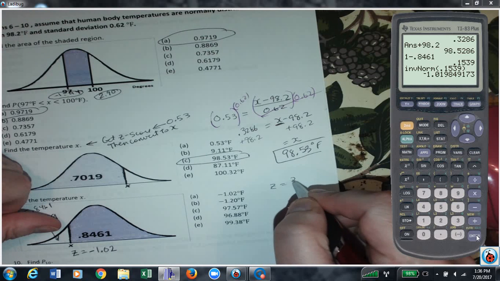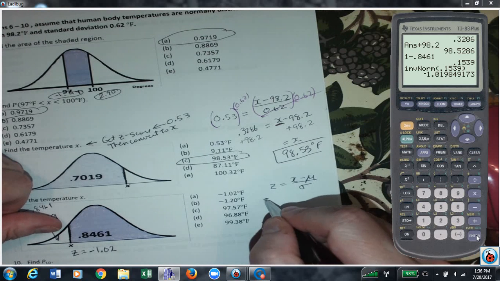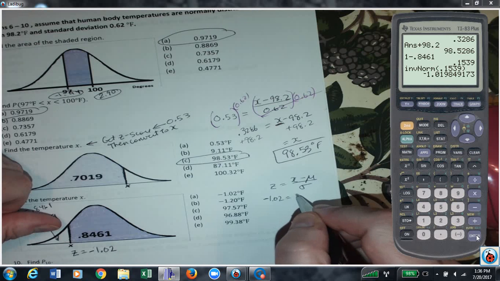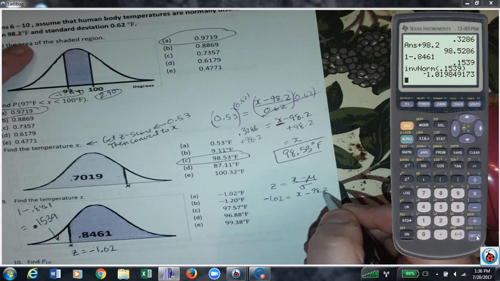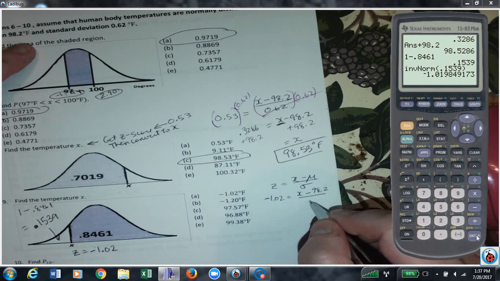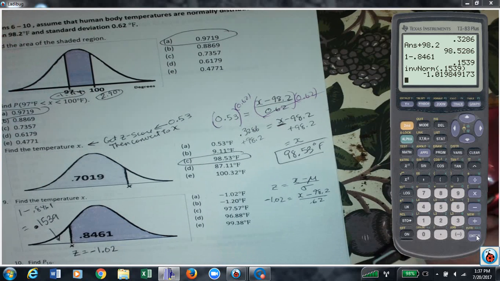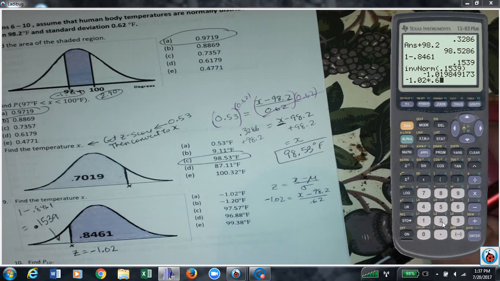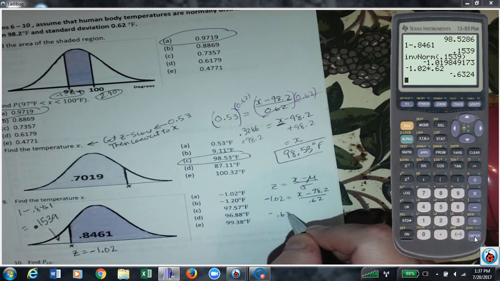So the conversion formula, I know the z-score. It's x I want. The mean is 98.2. And the standard deviation is 0.62. Again, multiply both sides by 0.62. So the left-hand side will be negative 0.6324.